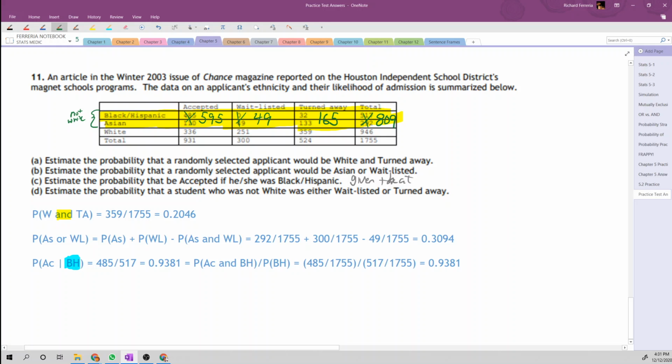The next thing that we're going to have to combine here, I believe, is waitlisted or turned away. So waitlisted or turned away would be these two columns over here. So this is confusing because two of the rows that I already combined, I now got to combine them again. So instead of 49 and 165, we have to combine those two together.